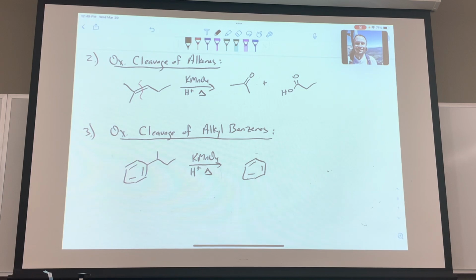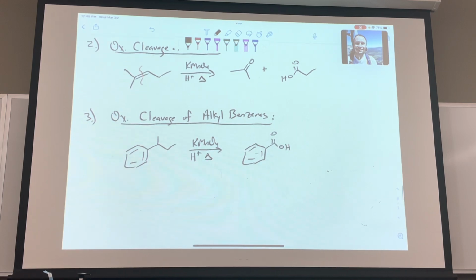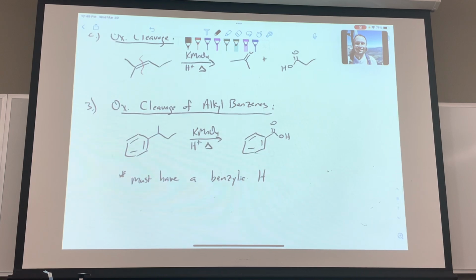And remember, this is always going to generate the same thing. It's always going to generate benzoic acid. And there was that caveat to be aware of, that you can only do this if you have at least one benzylic hydrogen. So for instance, if you had t-butylbenzene, you could not do this reaction because there would be no benzylic H.